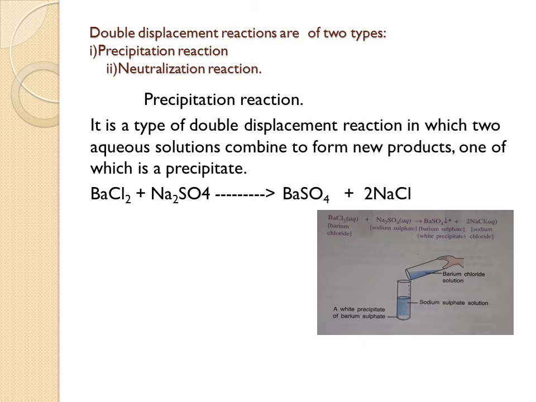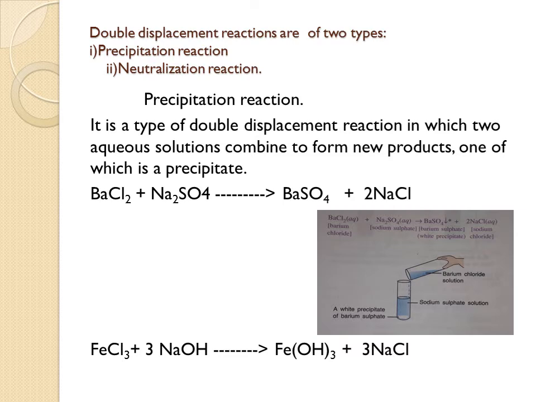Another example is when ferric chloride reacts with sodium hydroxide, a reddish brown precipitate of ferric hydroxide is formed. The other product is sodium chloride. Ferric chloride is a yellow colored solid.